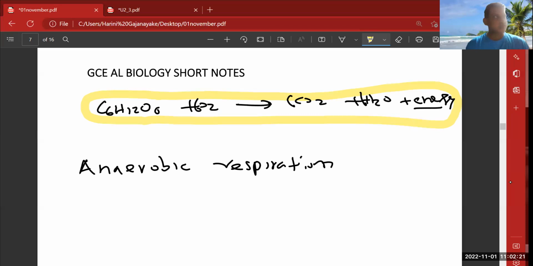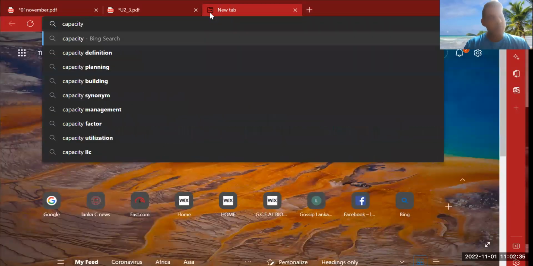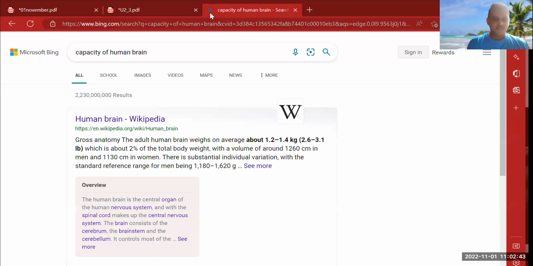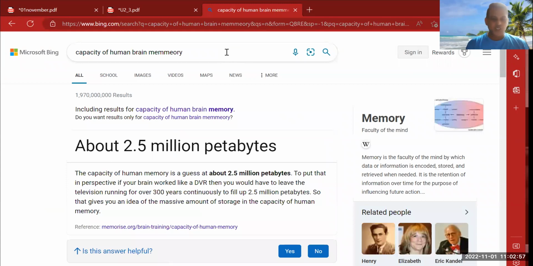Three, can't remember anymore. Capacity, 3 billion gigabytes. 2.5 million petabytes.